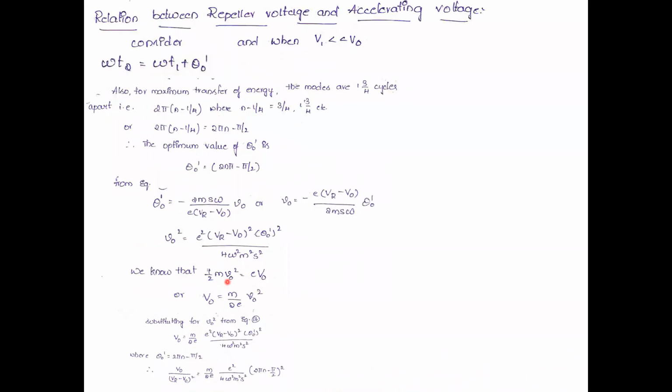That equals m v square by 2 equals e V naught. Next step, let's take V naught, that equals m by 2e v square. We already have V naught, so direct substitution.